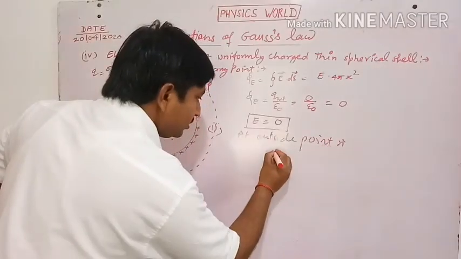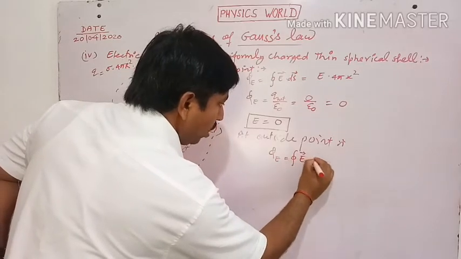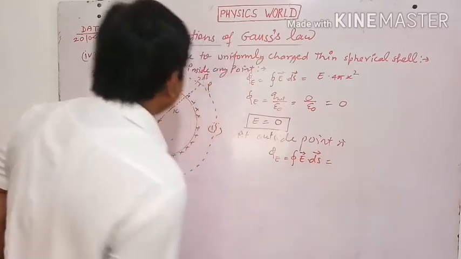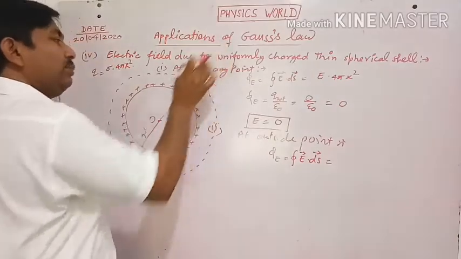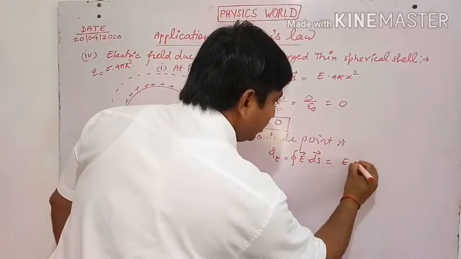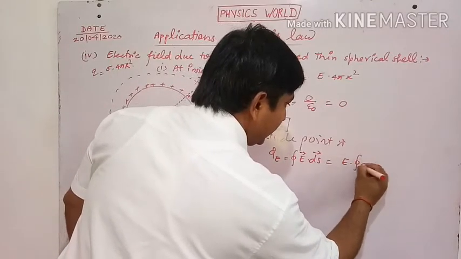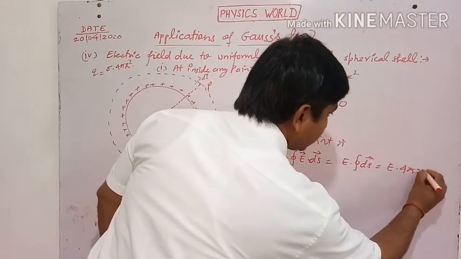Then the total electric flux phi is equal to the integral of E dot ds. The directions of E and ds are always parallel, so this can be written as E times the integration of ds, that is E into 4 pi x square.